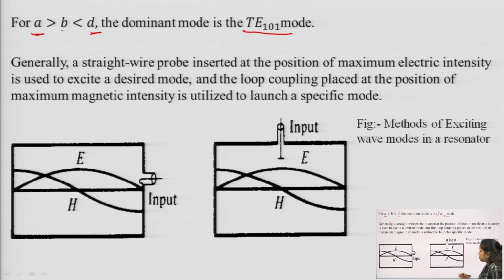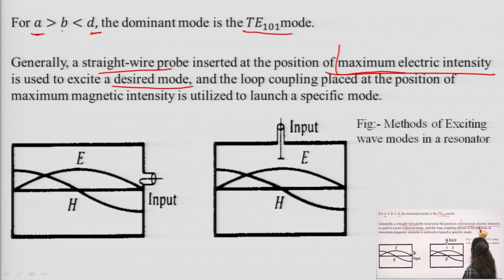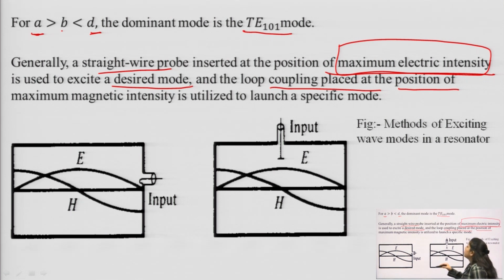Now comes the question of where to excite the cavity. A straight wire probe inserted at the position of maximum electric intensity is used to excite a desired mode. So, if we want to excite a particular desired mode, we have to insert a straight wire probe at the point where we have maximum electric intensity, and the loop coupling is placed at the position of maximum magnetic intensity.